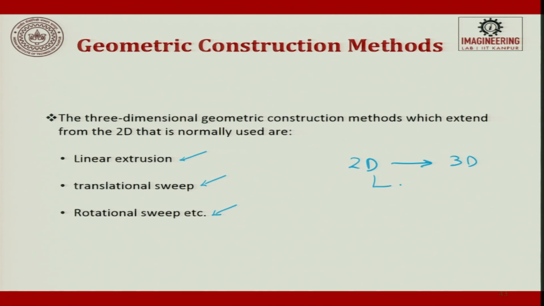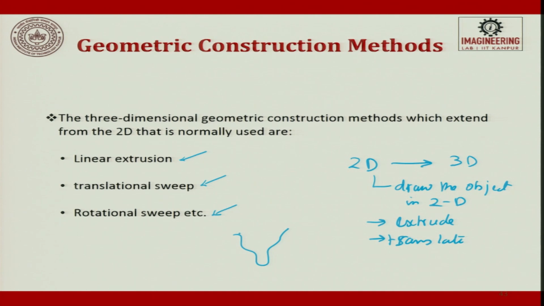That intermediate step is to draw the object in 2D and extrude it, that is, pull the same object you have drawn in 2D in the z direction, or translate it. So, I have a channel made, and I want to extend the channel in this direction.